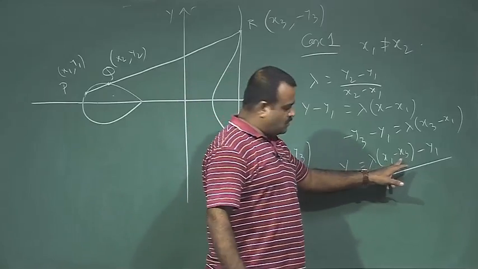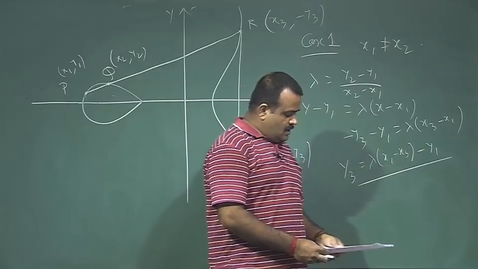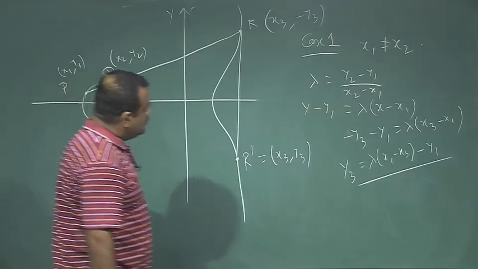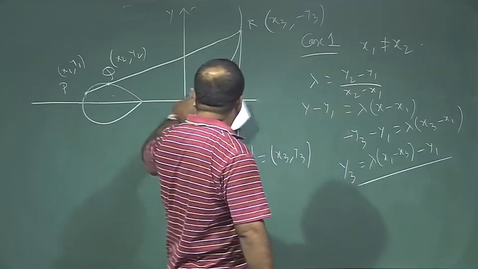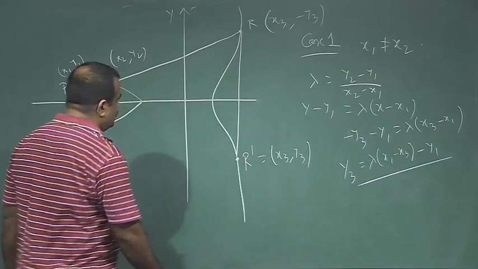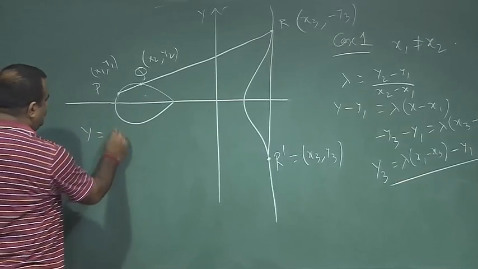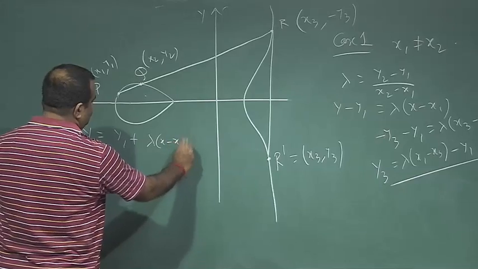So, this involves x3. Okay. So, now how to get this x3? Now, if we put this value y in this equation, y is basically y1 plus lambda into x minus x1.